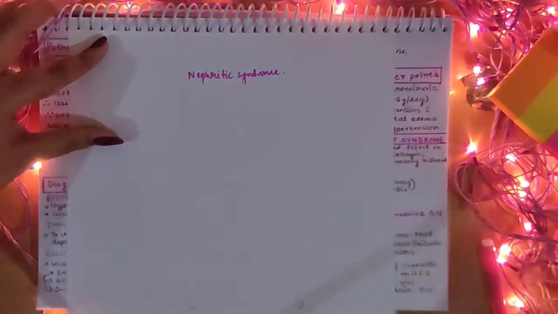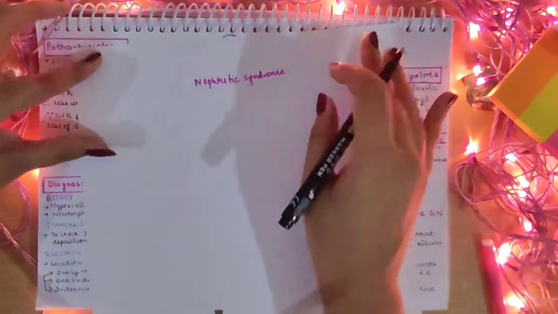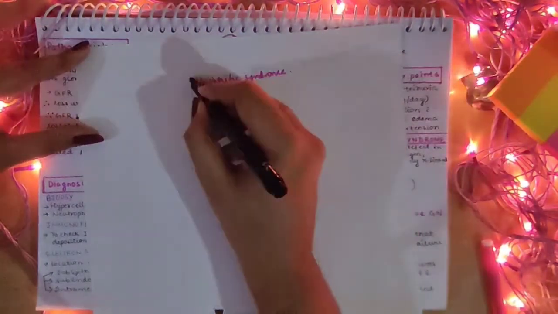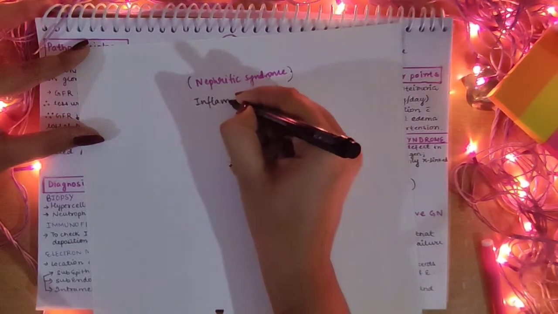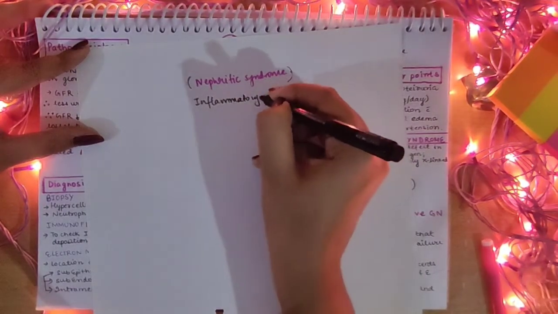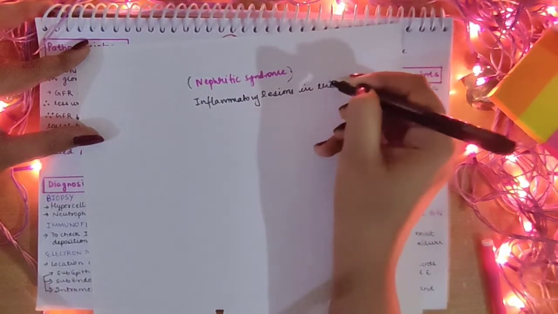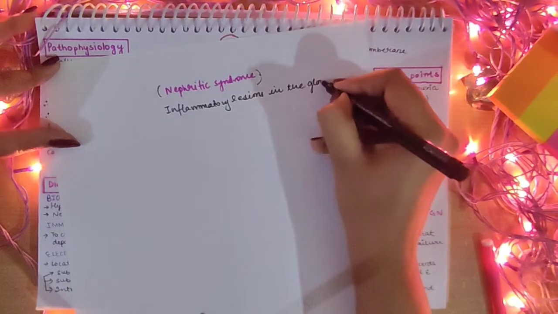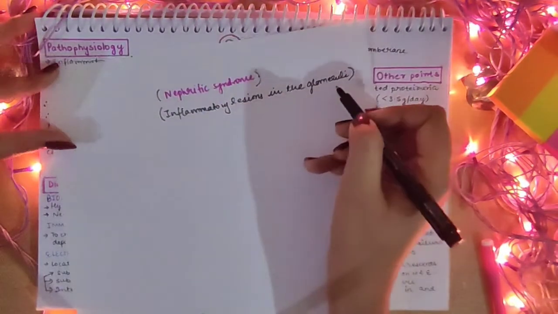Nephritic syndrome. So the first point when we hear this is, what is nephritic syndrome? This is basically inflammatory lesions in the glomeruli.